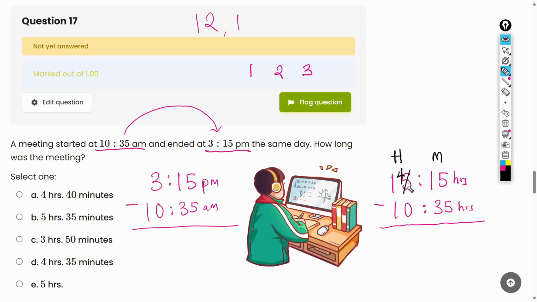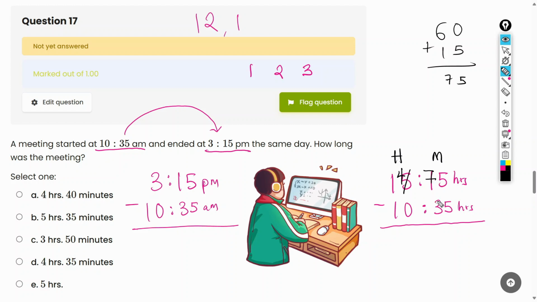Now remember what we borrowed here is 1 hour. So by the time we bring 1 hour to the minute space, it changes from 1 hour to 60 minutes. So it means what we are adding here is 60 minutes. So if we add 60 to 15, that's 75. So we can simply make this 75.